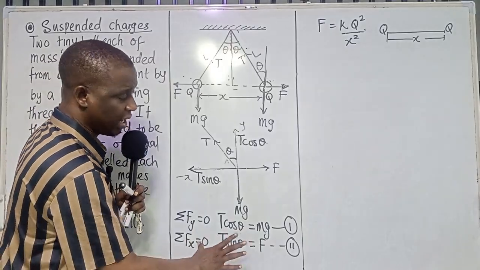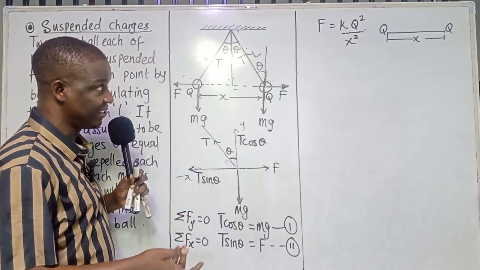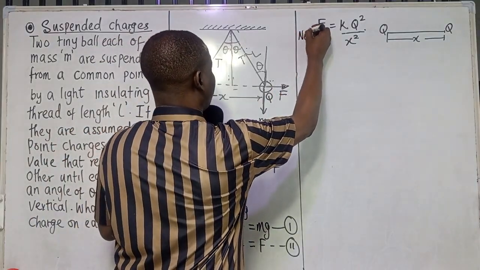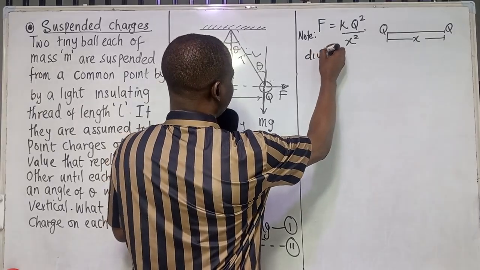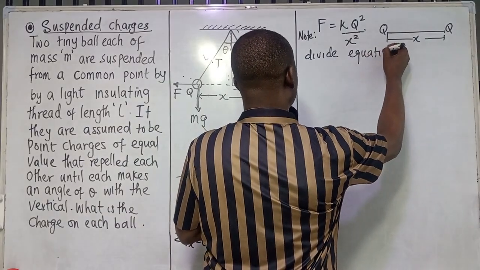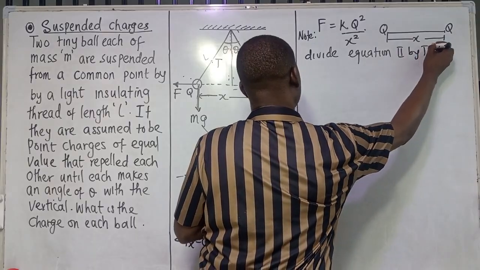Now, since you have equation 1 and equation 2, we can eliminate T. How do we eliminate T? Please note this. We divide equation 2 by equation 1.